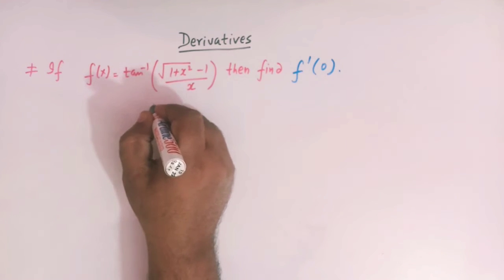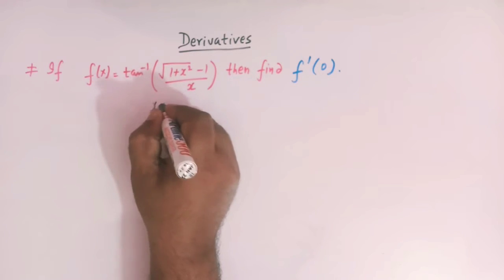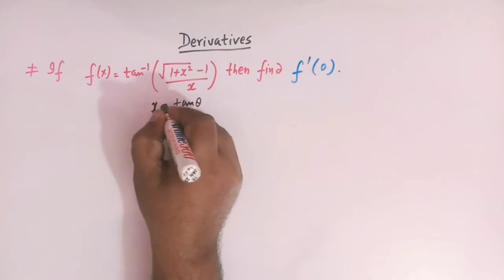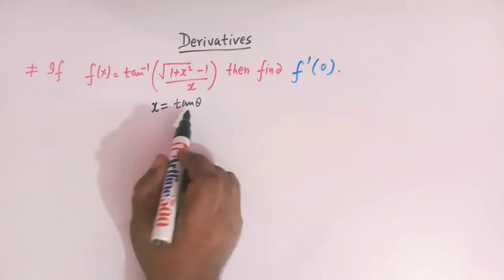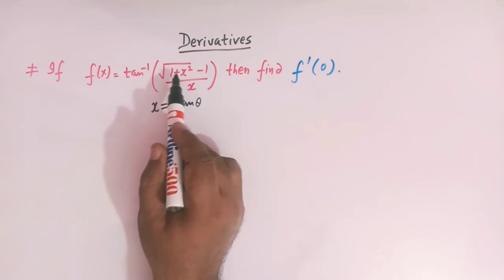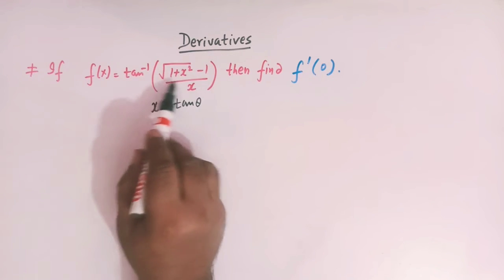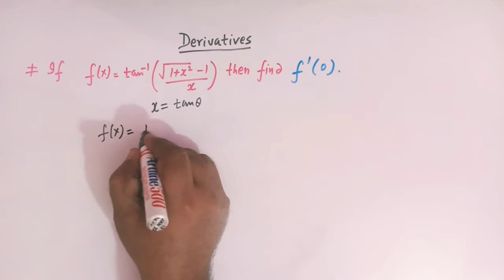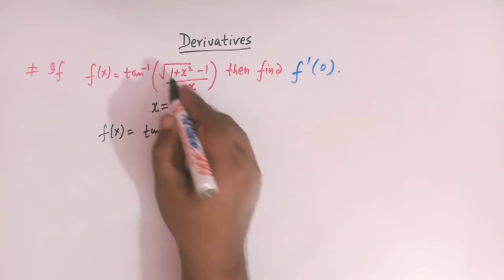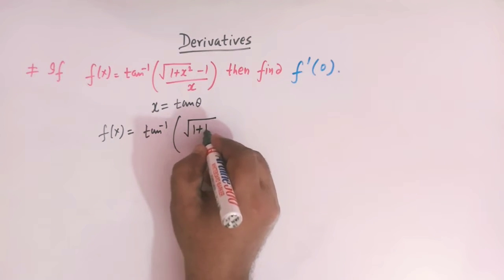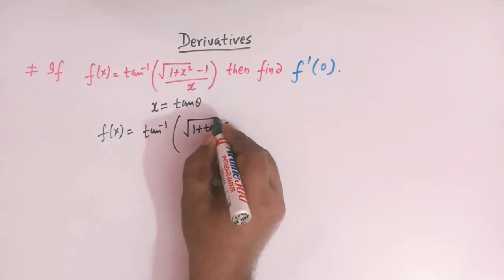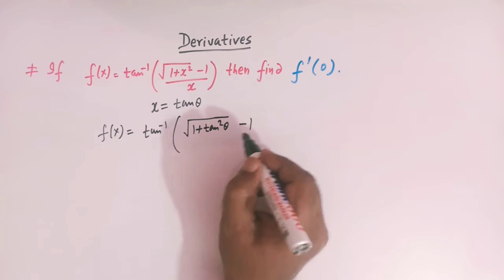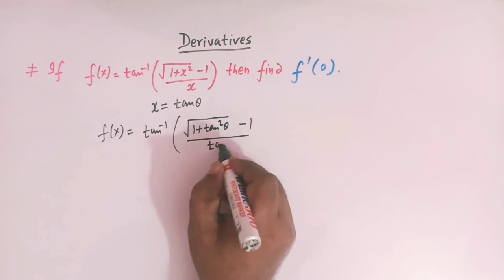So here the proper substitution is x is equal to tan theta. We'll substitute x is equal to tan theta here and then simplify this expression. So f of x becomes equal to tan inverse of square root of 1 plus tan square theta, minus 1, divided by tan theta.